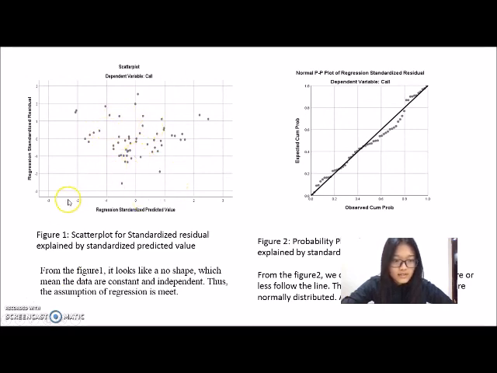The scatter plot shows that the plot is between -3 and 3. For the PP plot, we see that all the points are near the fitted line. So we can conclude that this assumption is met.